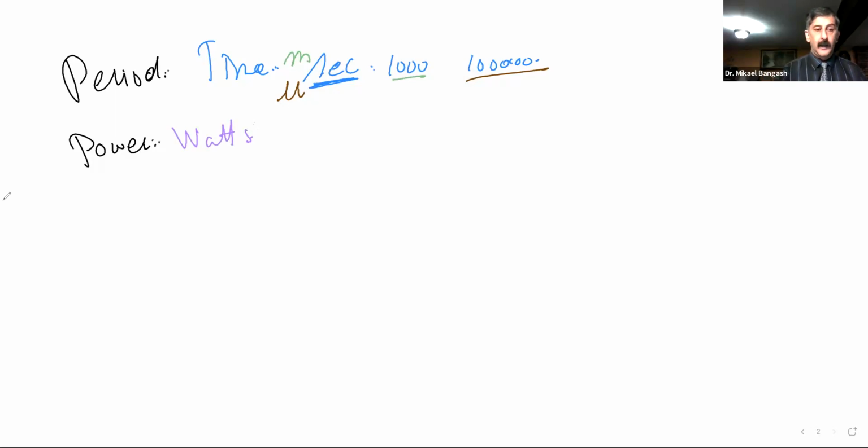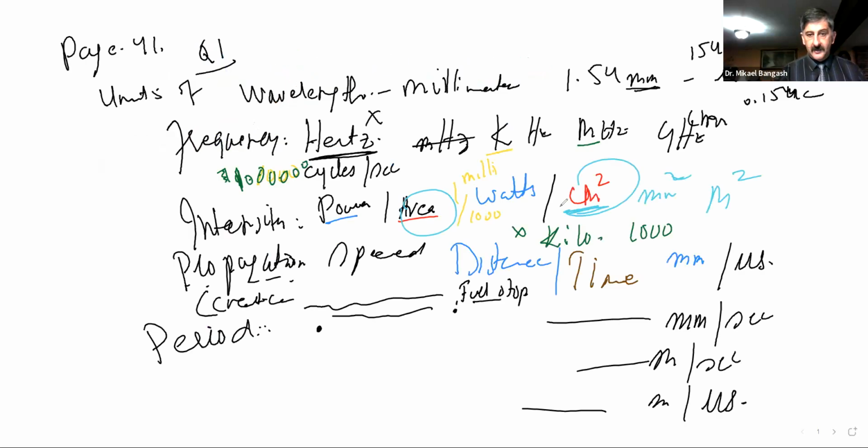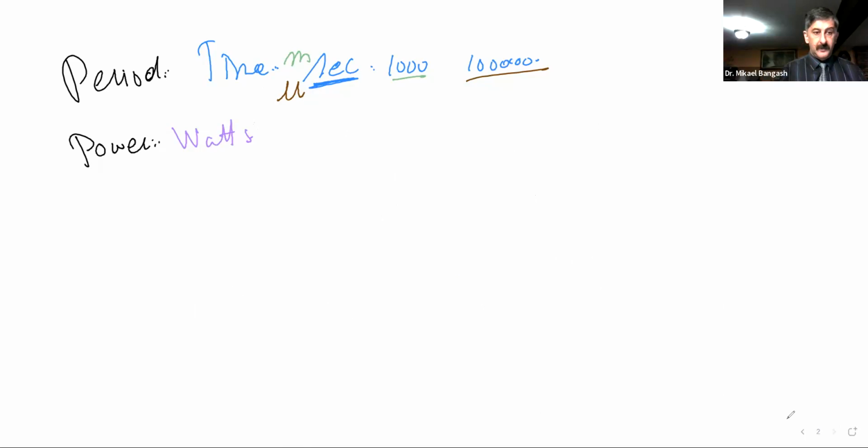Now again, especially when we discussed intensity, you can have multiples of watts. For instance, megawatts. 1 megawatt is going to be 1 million watts. You can say 3 megawatts is going to be 3 million watts.